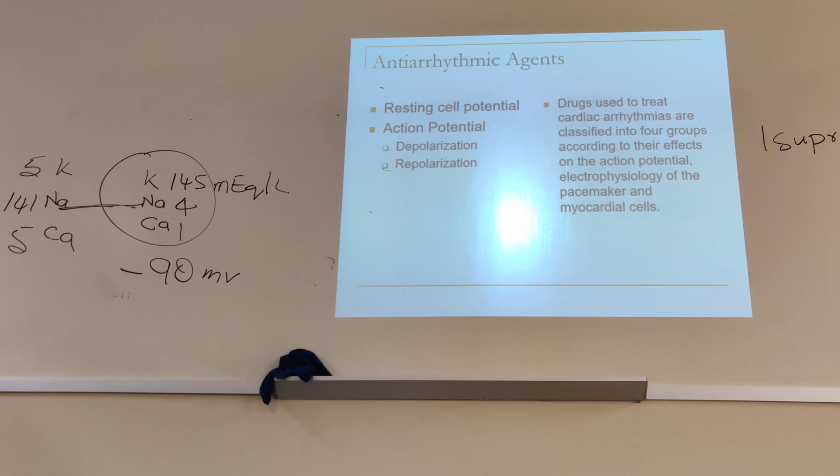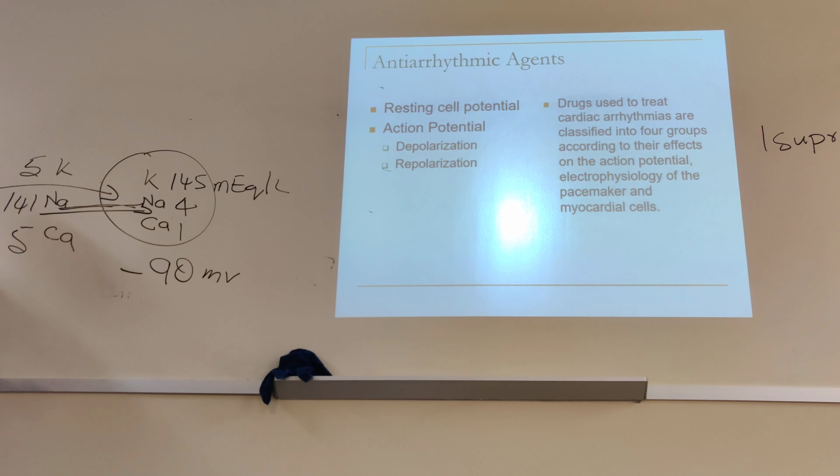But then, when the electrical current comes down from the SA node and strikes the cell, then you have what we call changing membrane potential. That's what we call depolarization. Depolarization means now that sodium will rush into the cell.